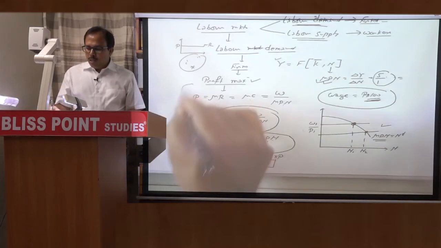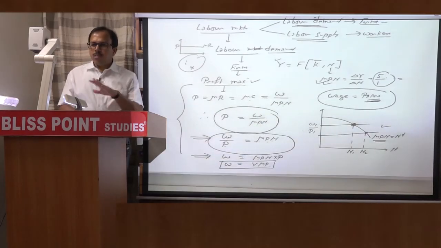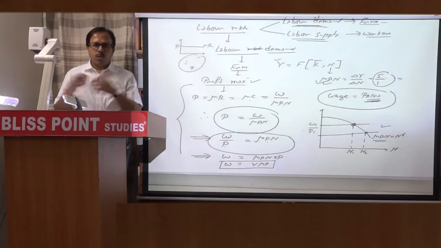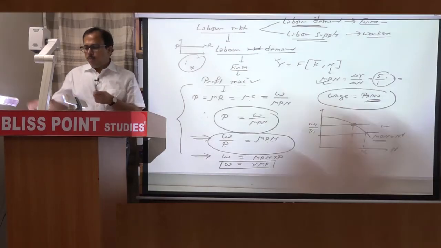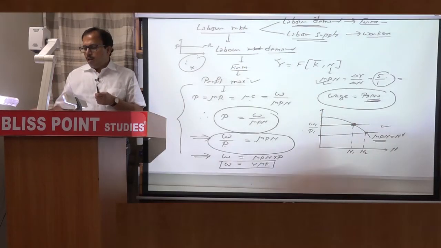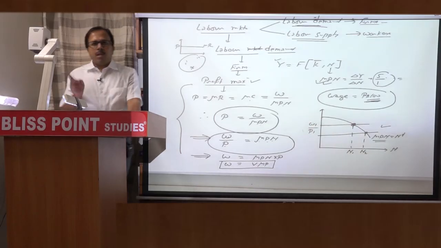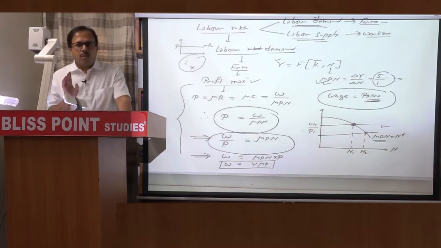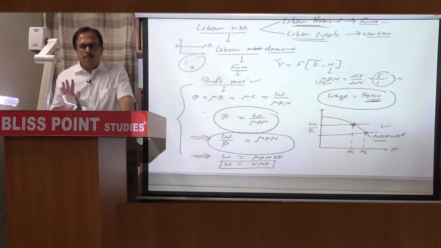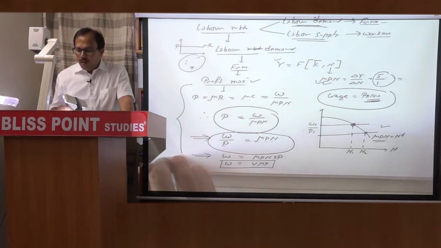This numerical description you have to write in your notebook, but it is not necessary to show all those facts. What is important is that you must know why the labor demand curve is the marginal product of labor curve, why the MPN curve is the labor demand curve. That is the only key thing that you will be referring to in future topics.